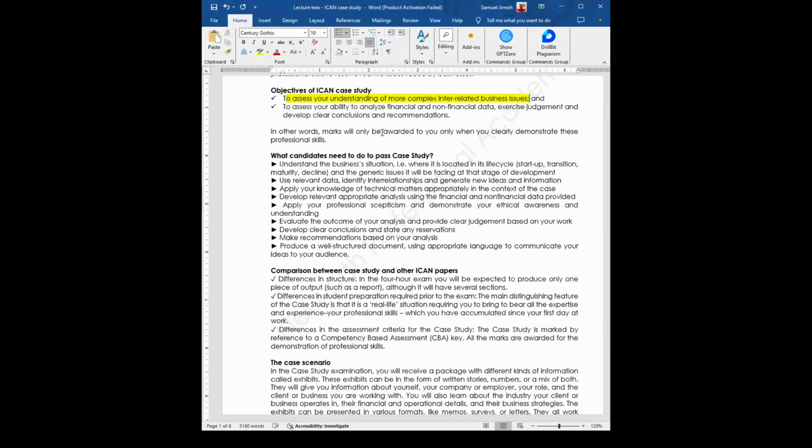Now, let me give you an example. Just think about why on earth we have to experience the impact of the war between Russia and Ukraine in Nigeria.